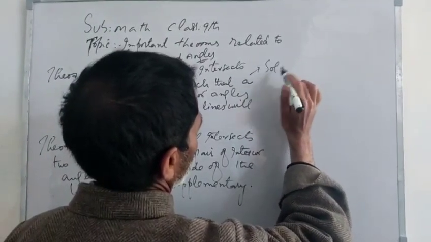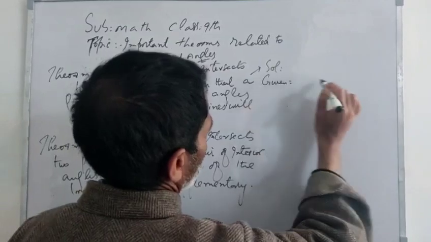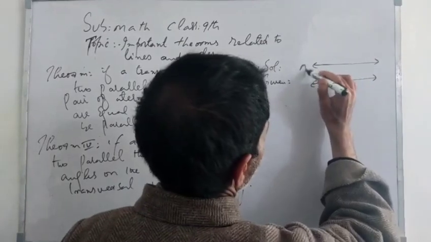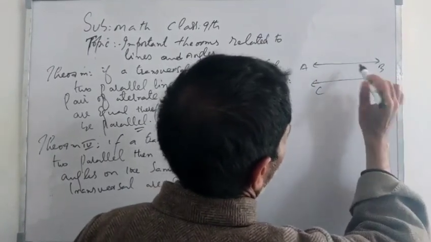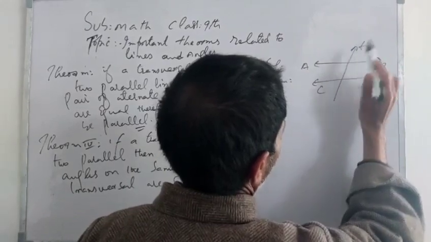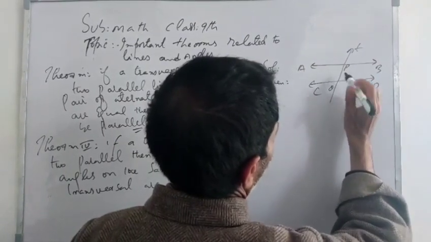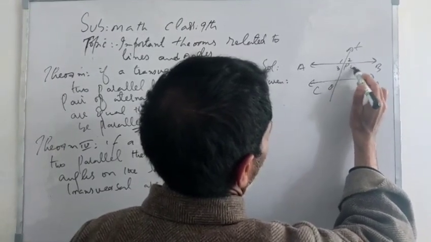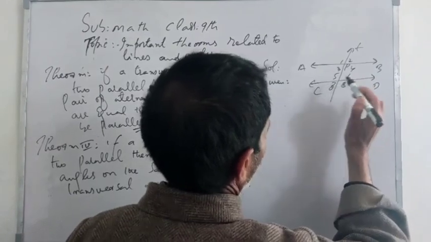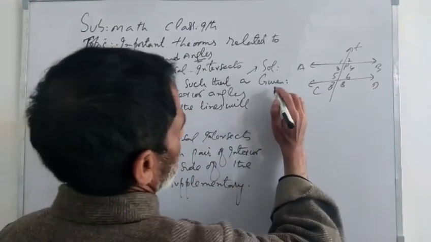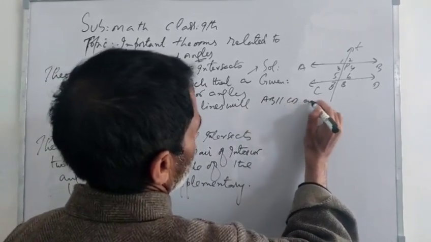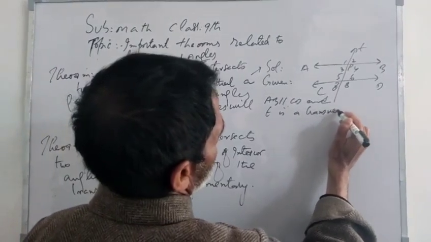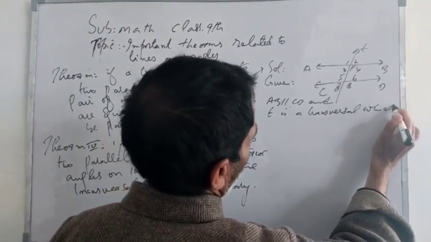We will give solution to this question. Given is two parallel lines AB and CD. Transversal is T, which cuts them at P and Q, forming angles 1, 2, 3, 4, 5, 6, 7 and 8.